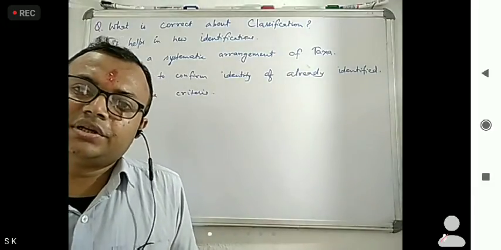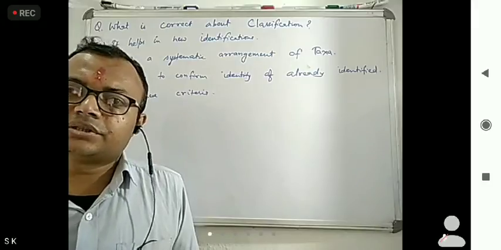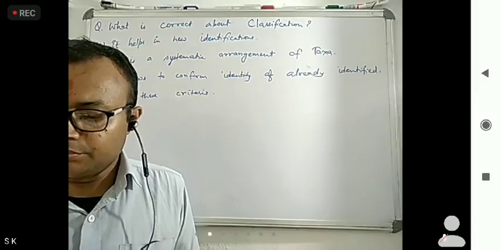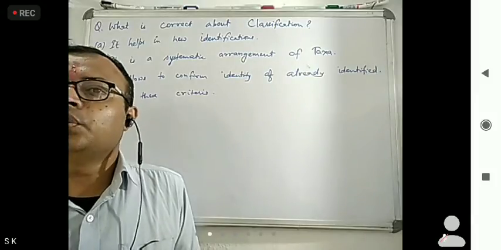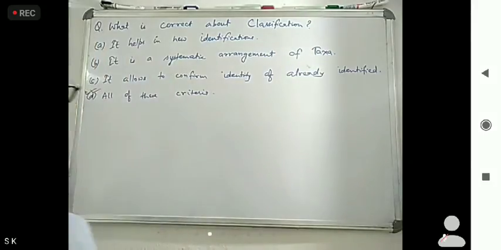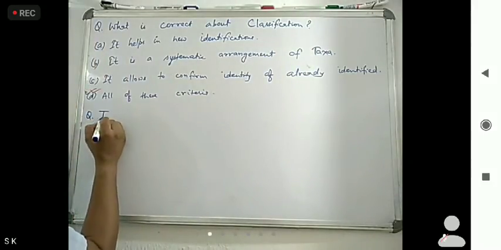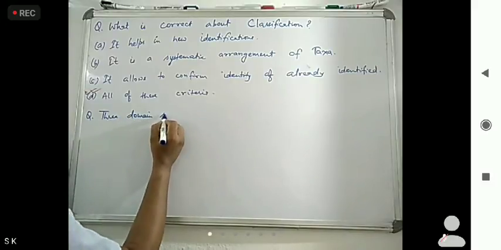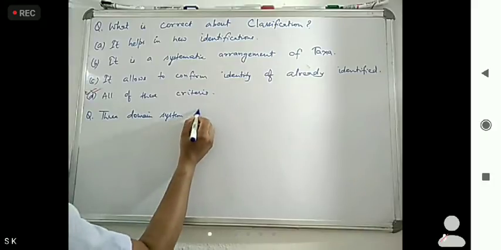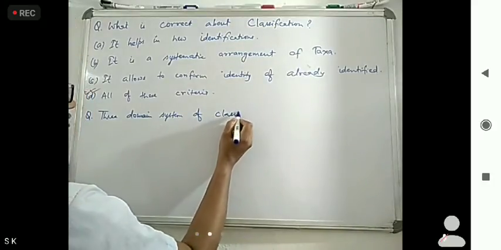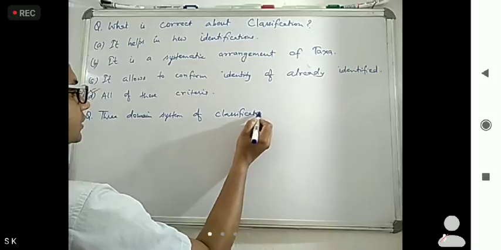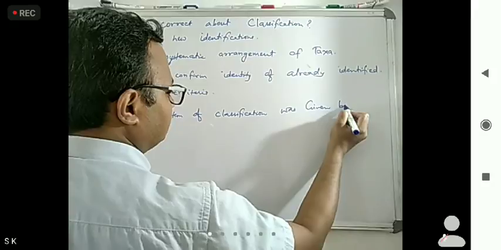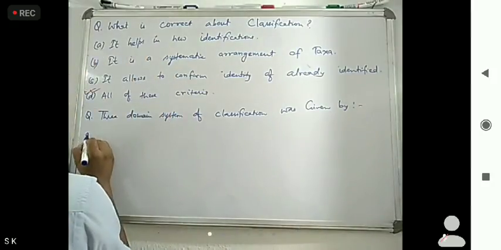Now next question is three domain system of classification. Three domain system of classification was given by, options are there.